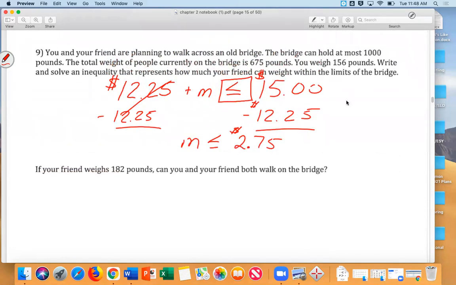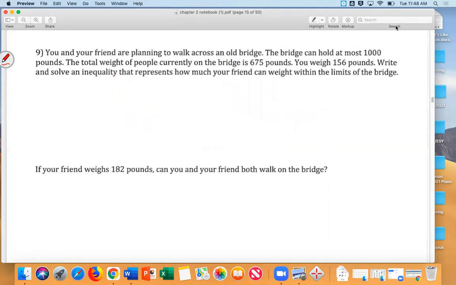Mike. All right, we're going to assume you're my friend. So me and Mike are planning to walk across an old raggedy bridge. The bridge can hold at most 1,000 pounds. The total weight of the people on the bridge is 675 pounds, and Mike weighs 156 pounds. Don't let him fool you, he's pretty husky.